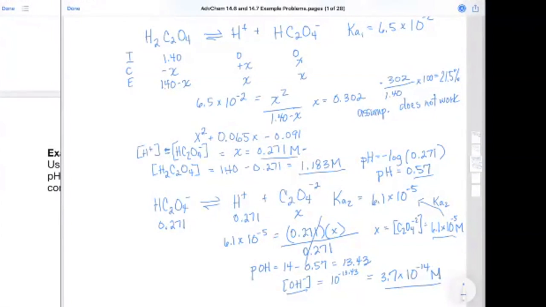So because of this Ka value here, concentration being equivalent to the Ka value, this tells us that the first acid was the most important factor in our equilibrium.